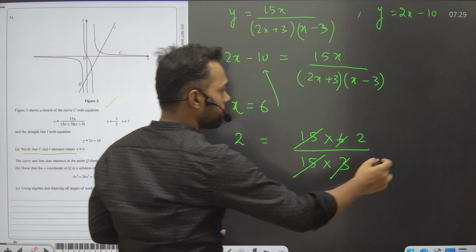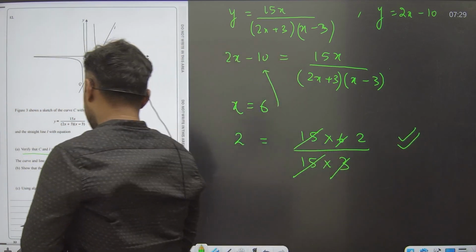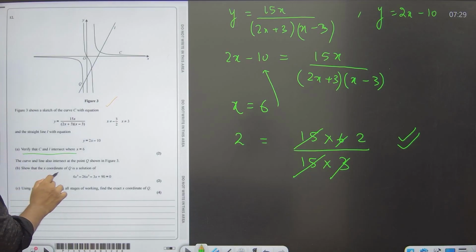This is true. Okay, the second part is to show that the x coordinate of Q is a solution of this particular equation.